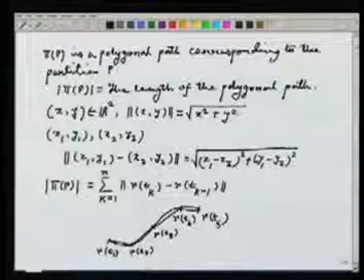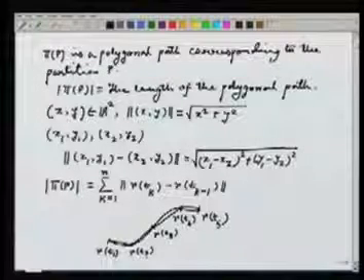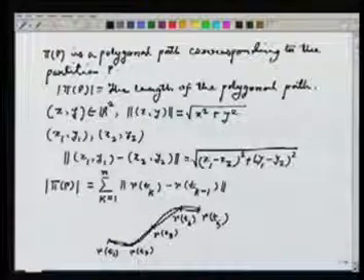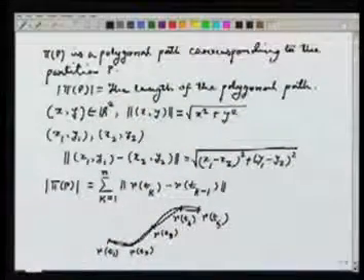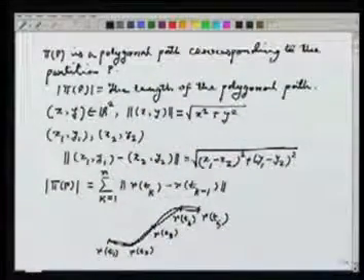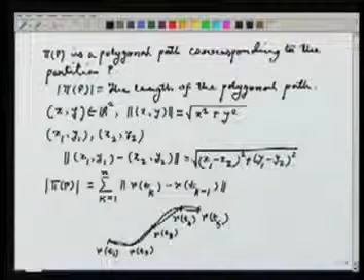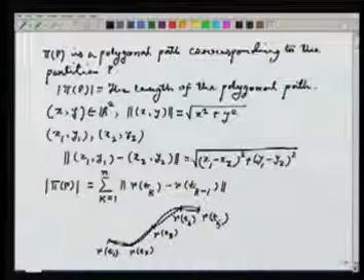Then the distance between r(t1) and r(t2) is actually given by the norm of r(t2) minus r(t1). Similarly, if I look at the line joining 2 points r(t3) and r(t4), then the distance between those points is given by the norm of r(t3) minus r(t4). And then I sum them up, that gives me the total length of the polygonal path.